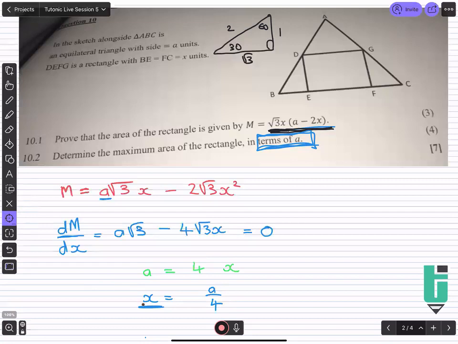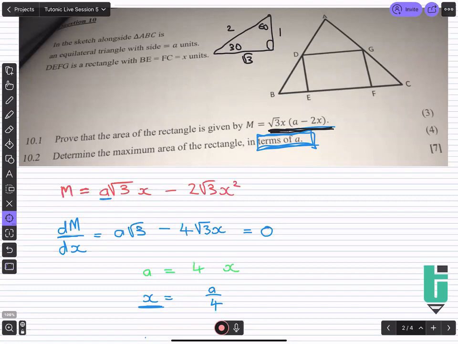But is this the area? Is this the maximum area, Amara? No. How do we find the maximum area? We sub its value back into the original equation.